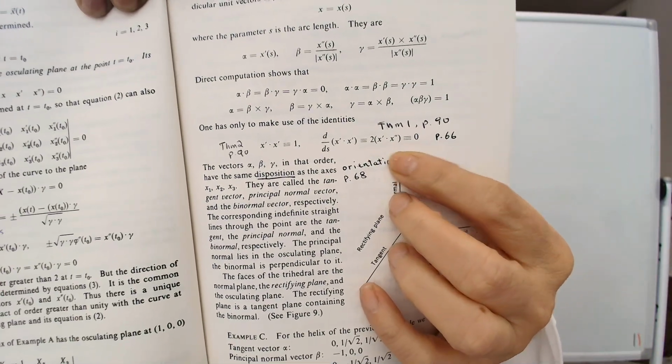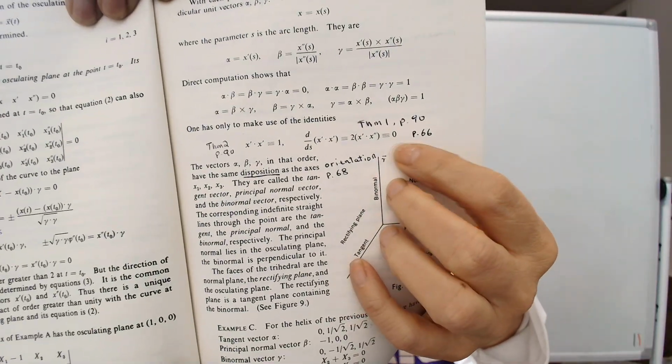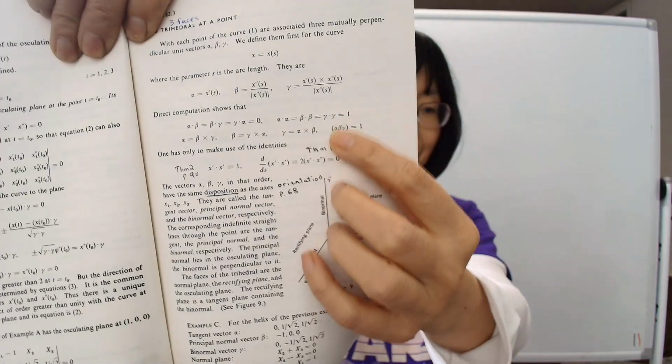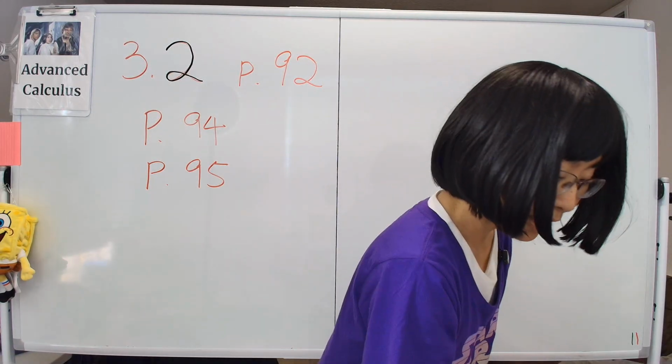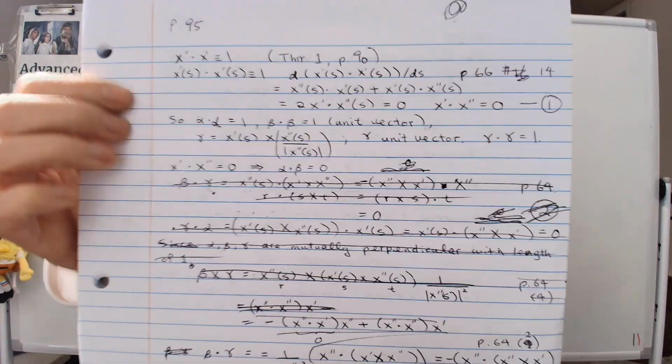So x prime dot x double prime is always 0. And with that, you're going to be able to verify all those things up on top, which I have. Now please do that yourself, okay? I have it written down here.